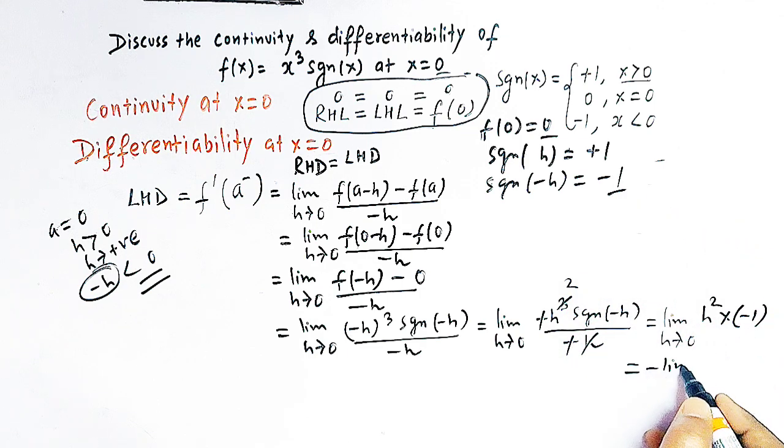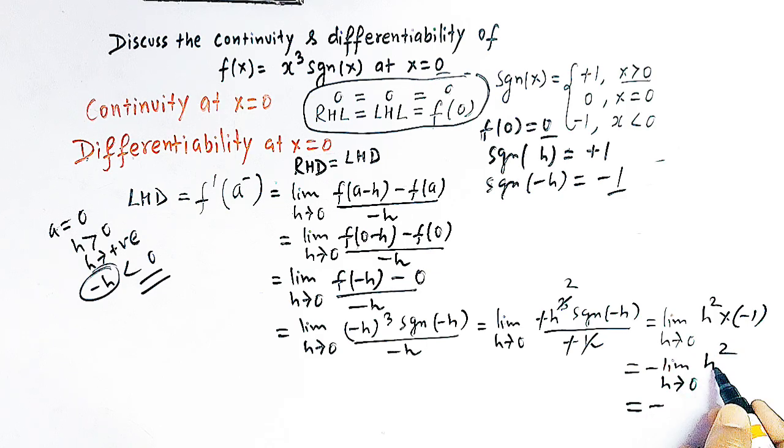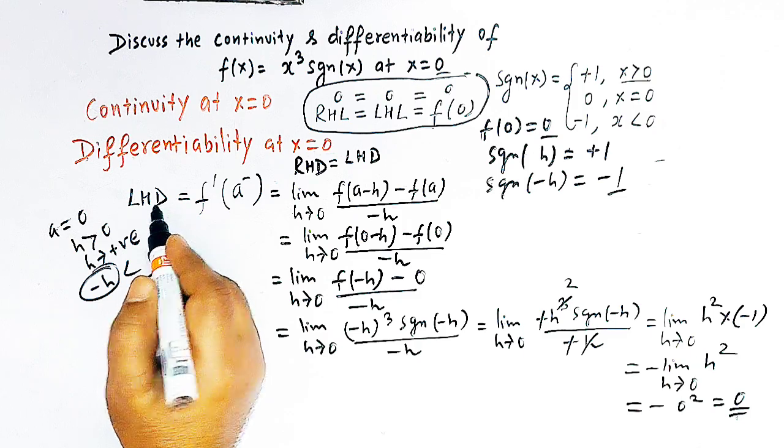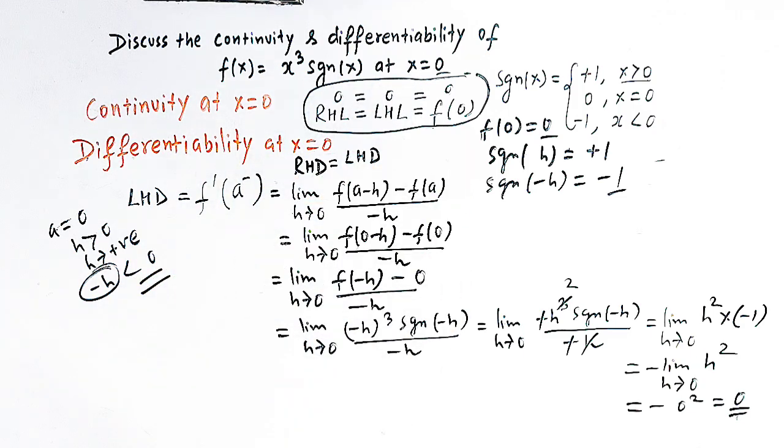So we have minus limit h tends to 0, h square, and taking h is equal to 0, this limit is equal to 0. So the left hand derivative of this function at x is equal to 0 is equal to 0.